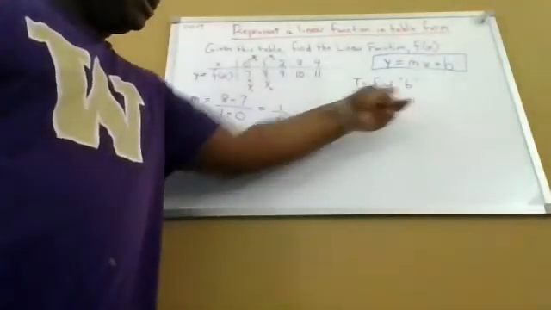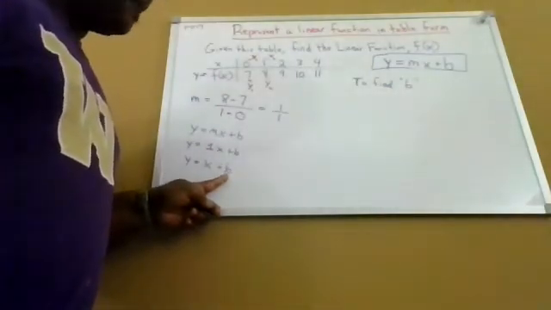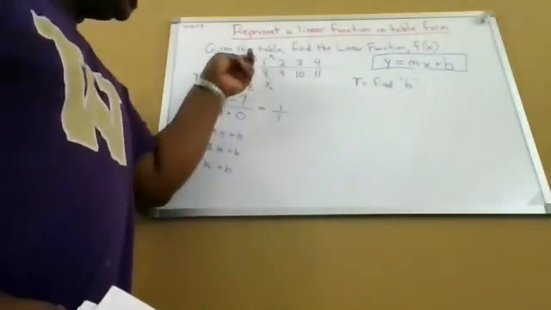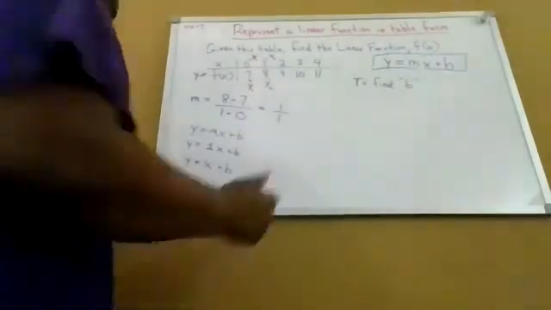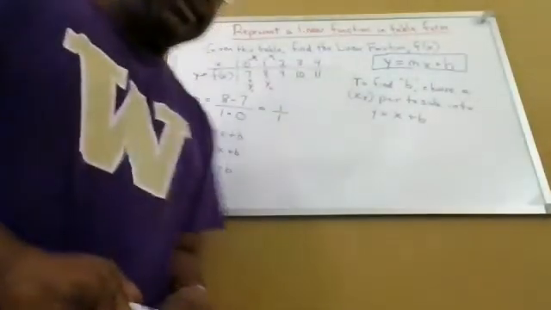So now to find b, which is our y-intercept, I can choose any x, y pair and substitute that in. Okay, so what I just said, just written out in words.